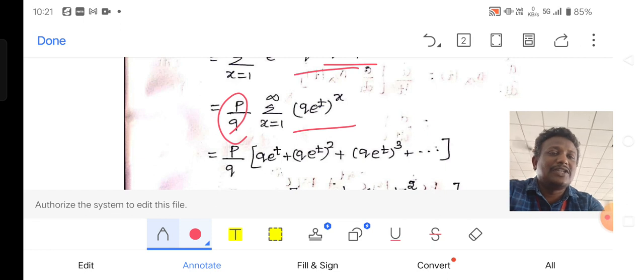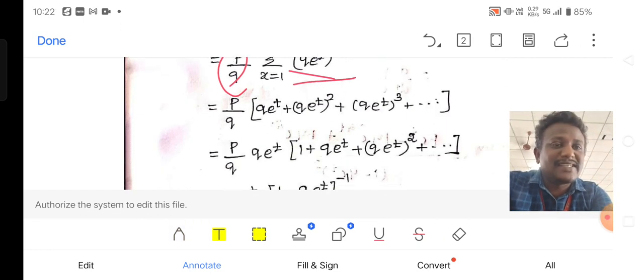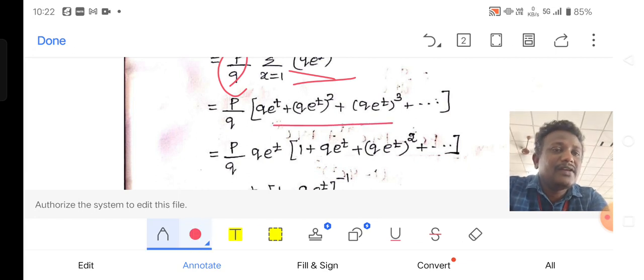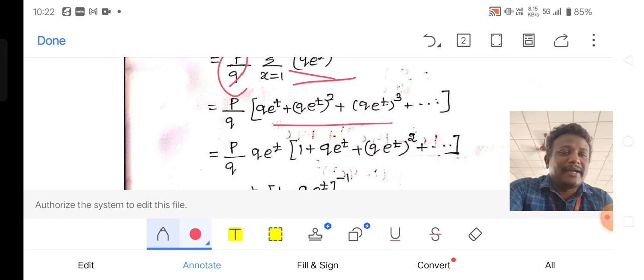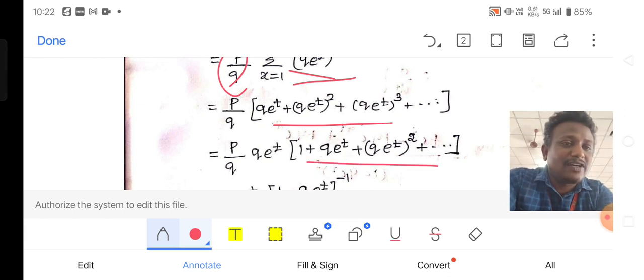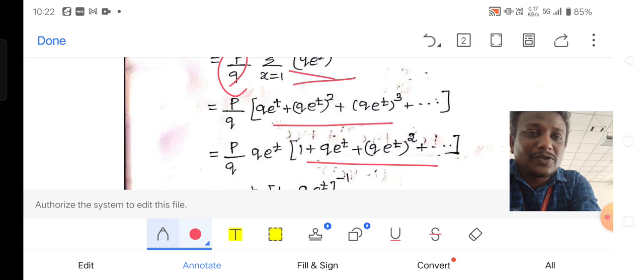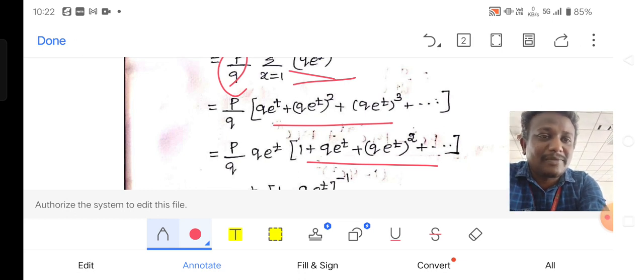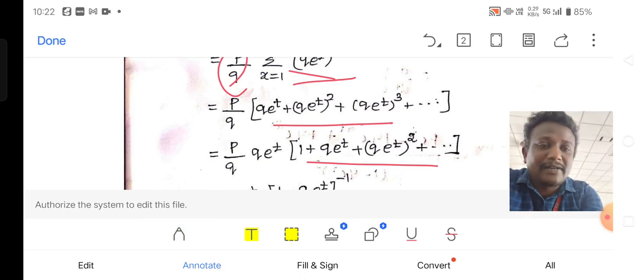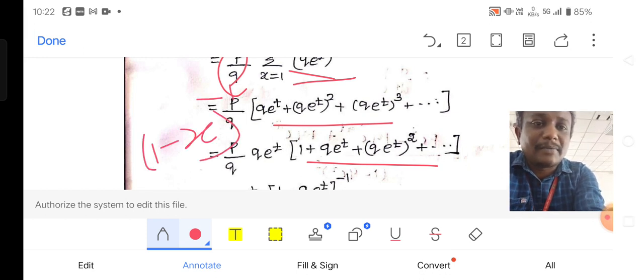Now substitute the values of x in this term, then you get a series. From this series, which term is common? q into e power t is common, and can be kept outside. So the remaining part will become 1 plus q e power t plus, which is in the form of 1 plus x plus x square plus etc. The sum 1 plus x plus x square plus etc. is equal to 1 minus x the whole power minus 1.